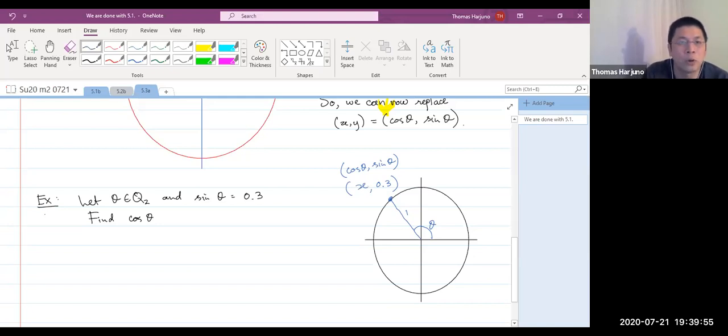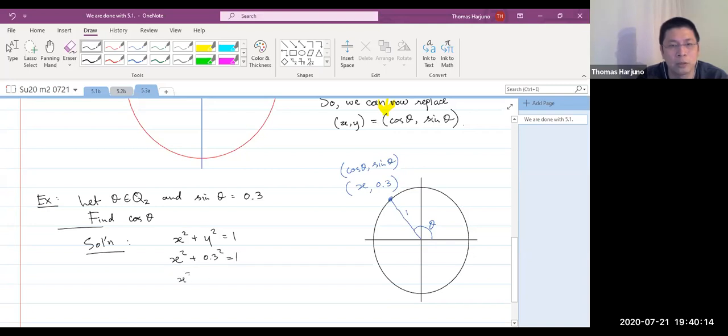Okay, so solution. You see that x squared plus y squared equals 1. That's a unit circle, right? But we know the y is 0.3. So 0.3 squared is 0.09. So x squared is 1 minus 0.09. That's x squared equals 0.91.